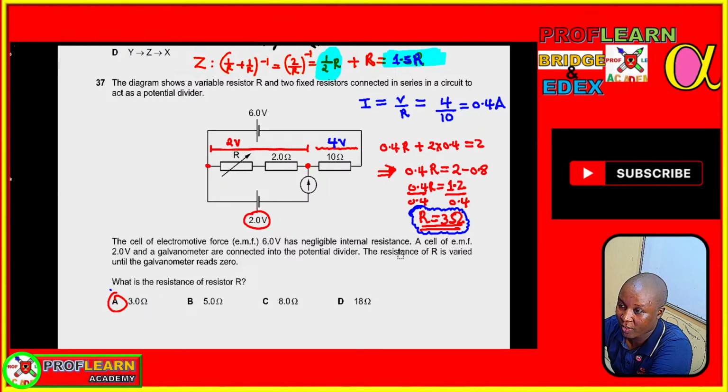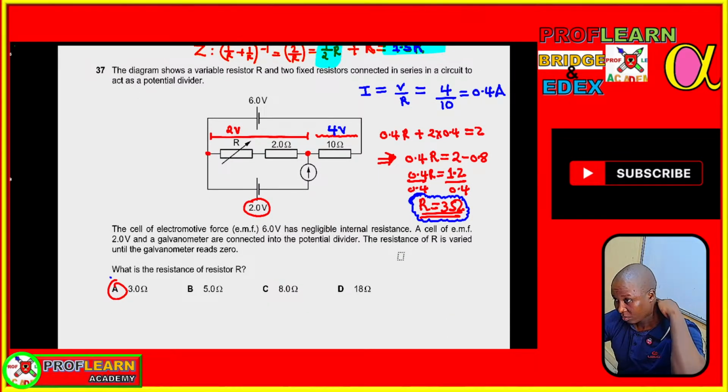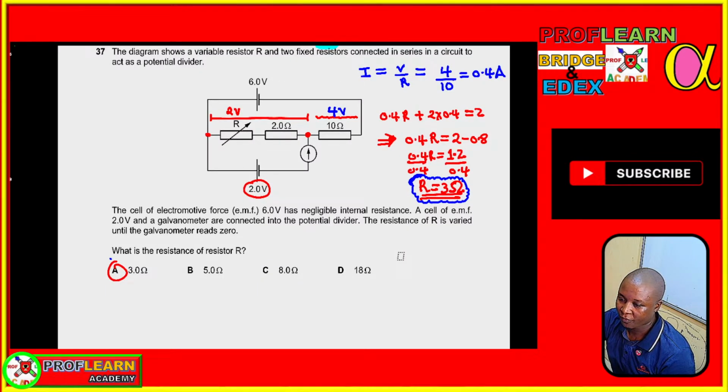The diagram shows a variable resistor R and two fixed resistors connected in series in a circuit to act as a potential divider. So the cell of electromotive force 6 volts has negligible internal resistance, and we have a cell of EMF 2 volts and a galvanometer connected into the potential divider, and the resistance of R is varied until the galvanometer reads 0.